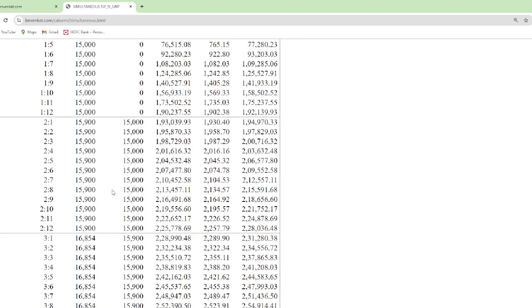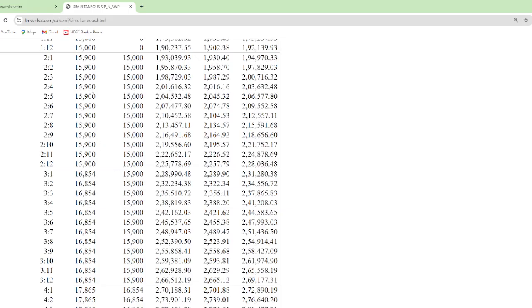Second year withdrawal is 15,000 rupees per month and investment is 15,900 rupees per month, like this. Then this 15,900 is withdrawn in the subsequent year, the third year. That is SWP of 15,900 rupees, and at the same time SIP, systematic investment plan, continues for 18 years.